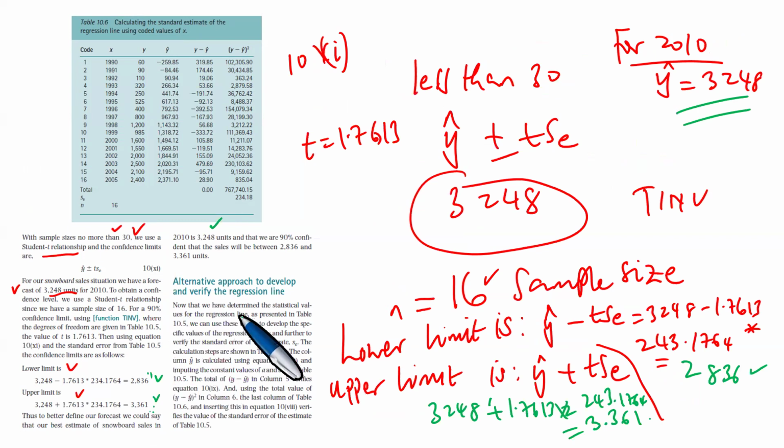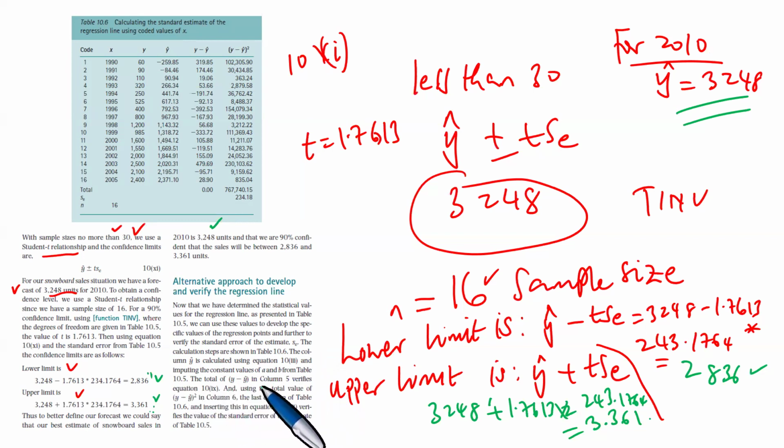Now that we have determined the statistical values for the regression line presented in table 10.5, we can use these values to develop the specific values of the regression points, and further verify the standard error of the estimate, SE. The calculation steps are shown in table 10.6. The column Y hat is calculated using equation 10.3, inputting the constant values of A and B from table 10.5.